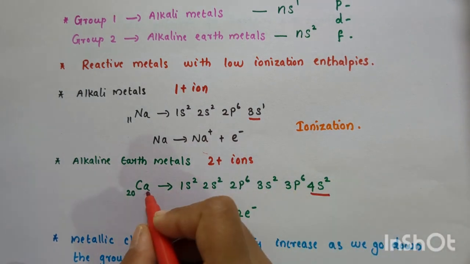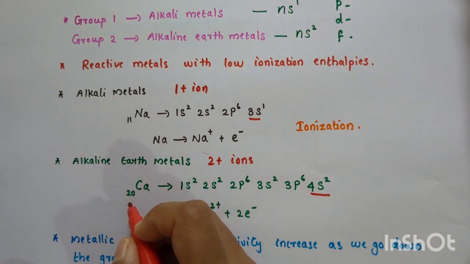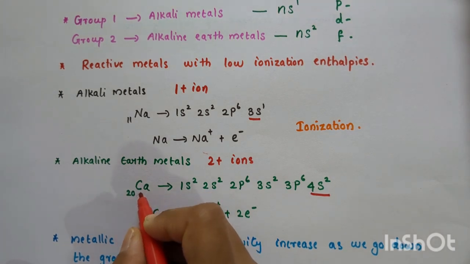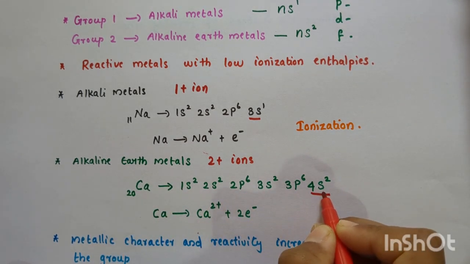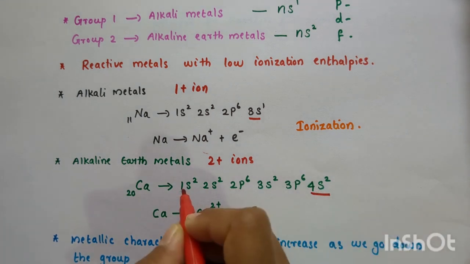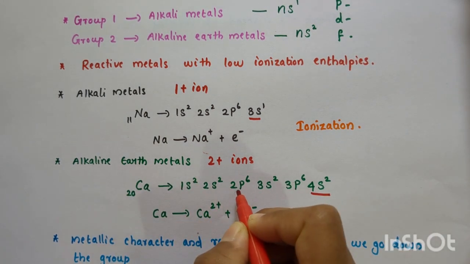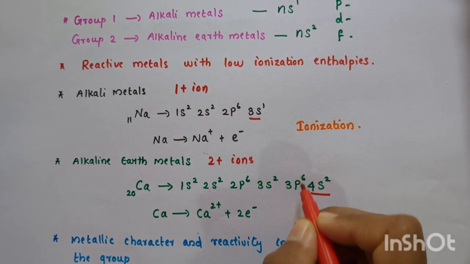For example, consider calcium, an alkaline earth metal which belongs to the group 2 family as well as the S block family. Its atomic number is 20, so the electronic configuration is like this. Here 1s, 2s, 2p, 3s and 3p are completely filled.